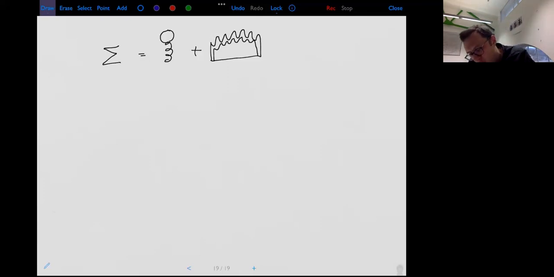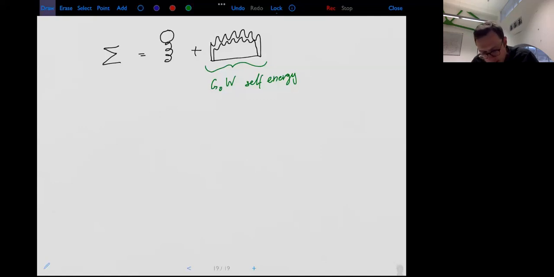More precisely, this diagram here is what's known as the G0W self-energy.